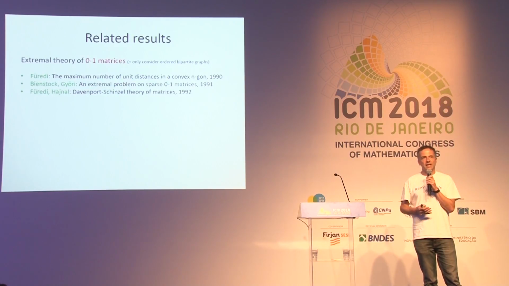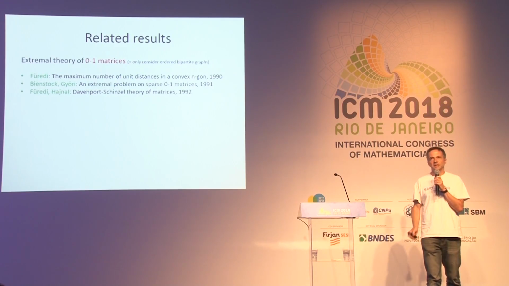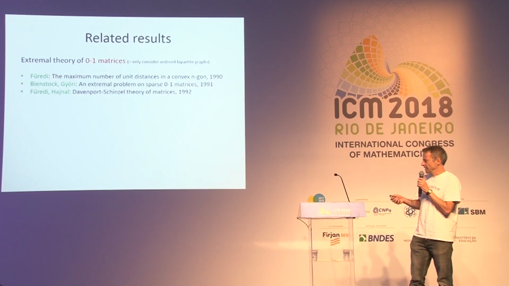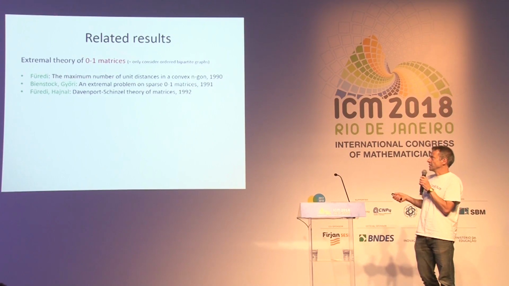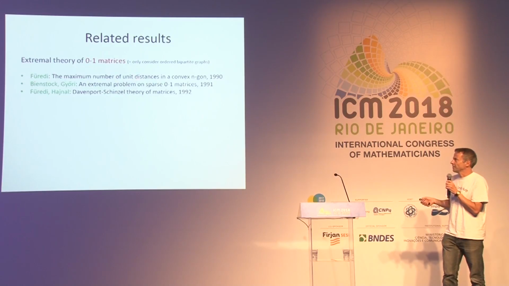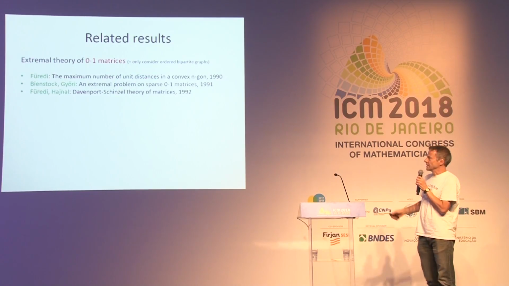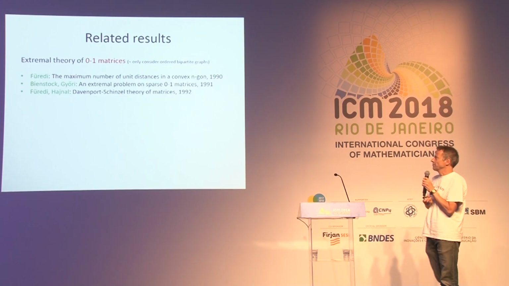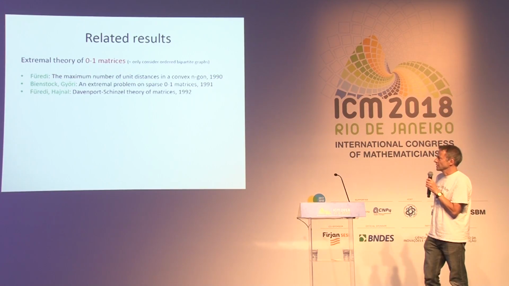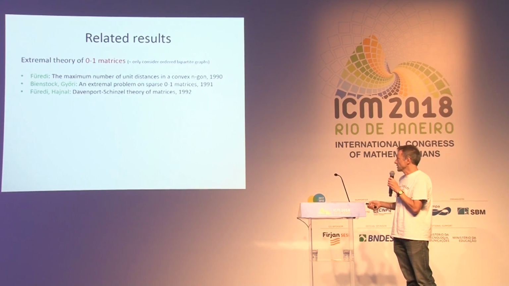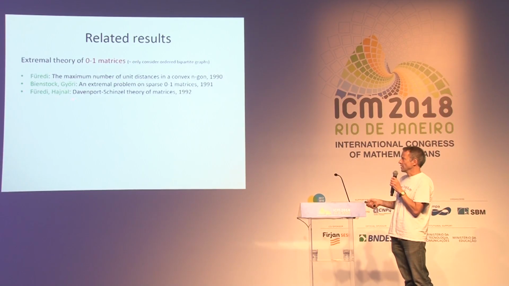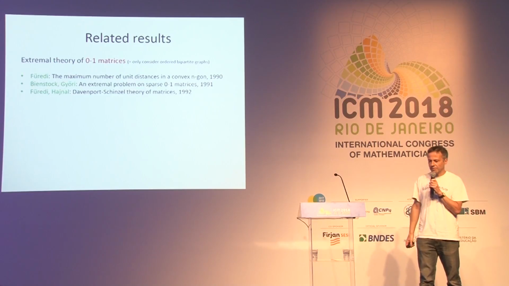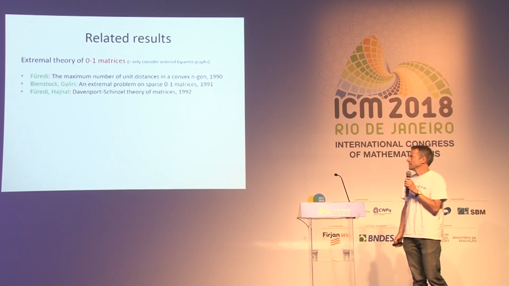It's a bipartite graph with a given bipartition, and you order the two parts separately. And the way they formulated it is the adjacency matrix of that graph. And basically the same questions were asked. There is a paper from Füredi, Bienstock, and Gyuri, and this particular paper I will mention a lot because they have very nice conjectures that some of them are still open, some of them have been resolved.